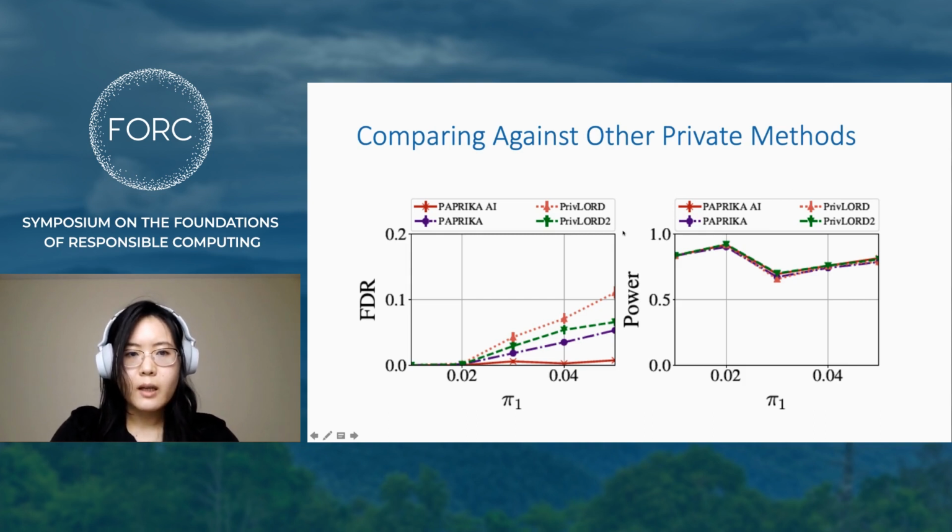And we can see both PAPRIKA and PAPRIKA AI make significantly fewer false discoveries than those methods, while the statistical power is almost the same. It suggests that the candidate checking step largely offsets the added noise for private algorithms.